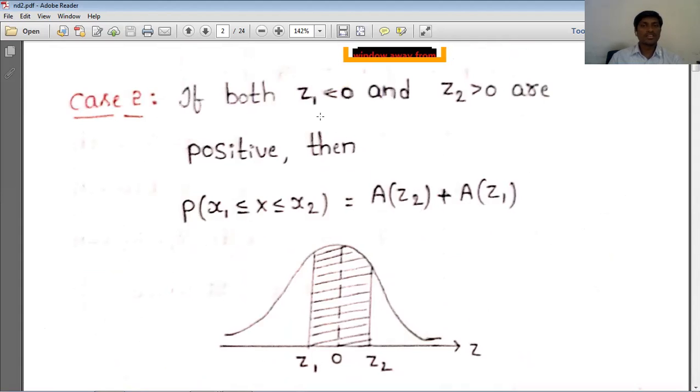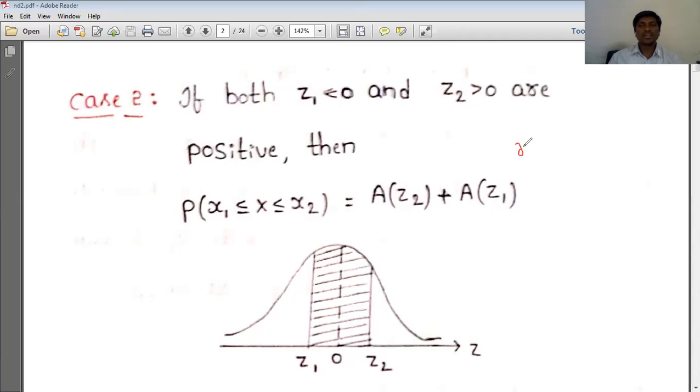Suppose x1 I gave 4 and x2 I gave 5. Then you need to find z1. Of course, the mu value we need to know: z1 is 4 minus mu by sigma, and z2 is 5 minus mu by sigma. So this we calculated.